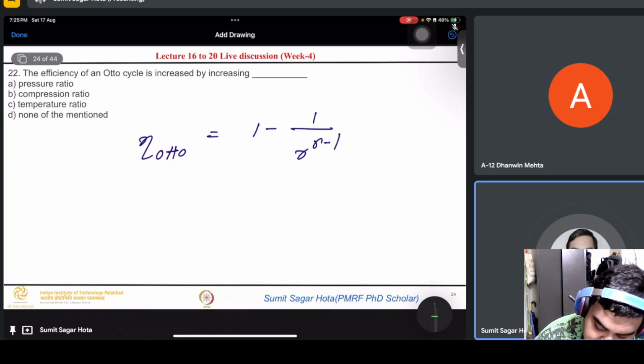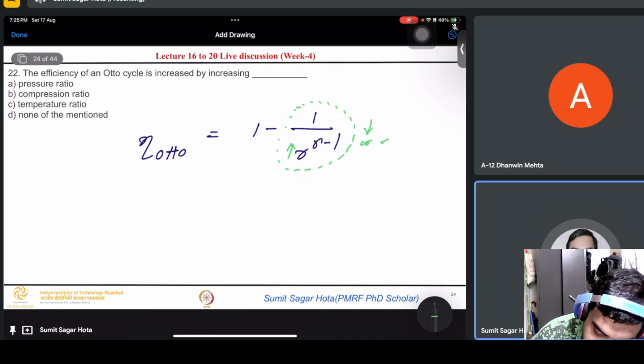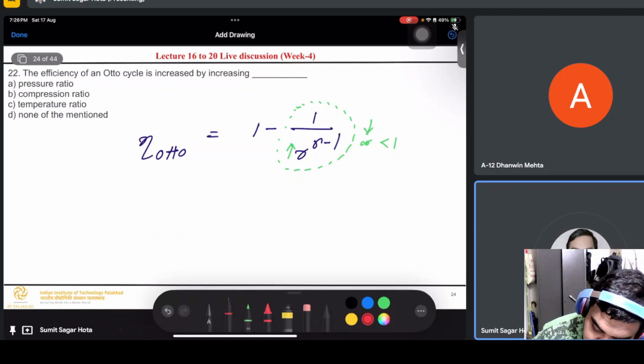If r will increase, 1 by r term will decrease, or more specifically it is less than 1. So 1 minus something less than 1 is a positive quantity. If the term is very small, then the whole quantity is going to increase, but it will also be less than 1.